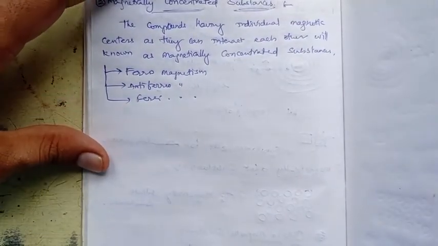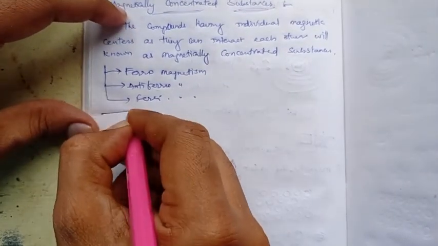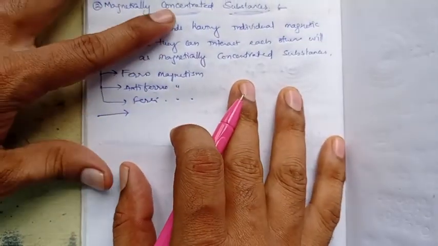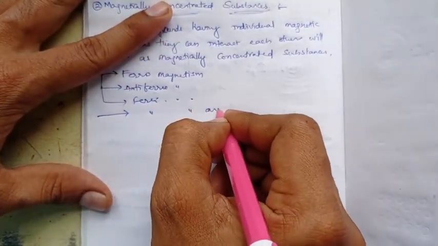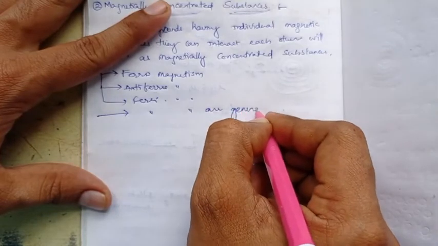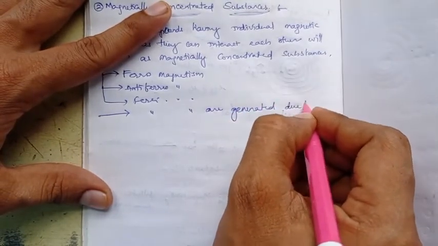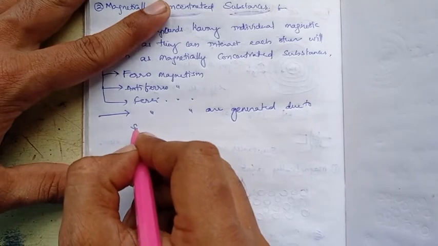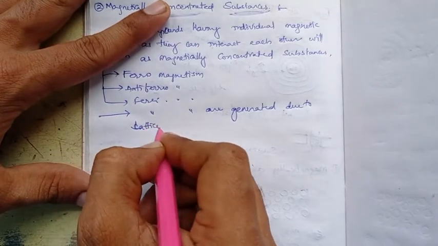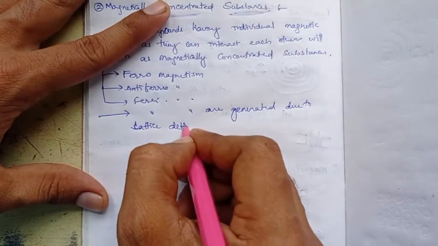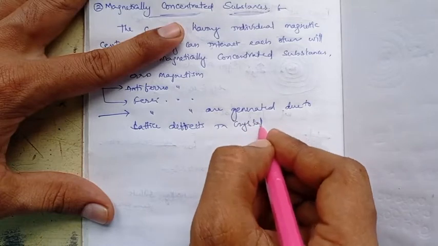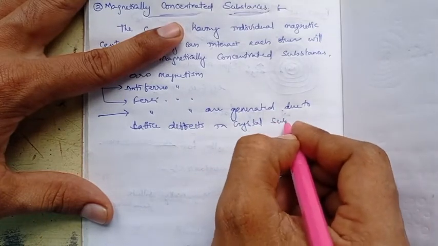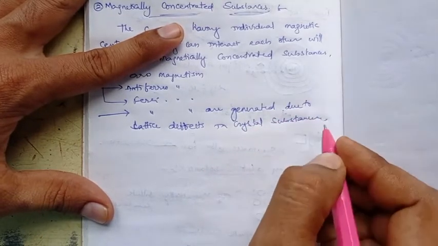Whereas ferro, antiferro and ferrimagnetism is generated due to lattice defects in crystal substances, right?